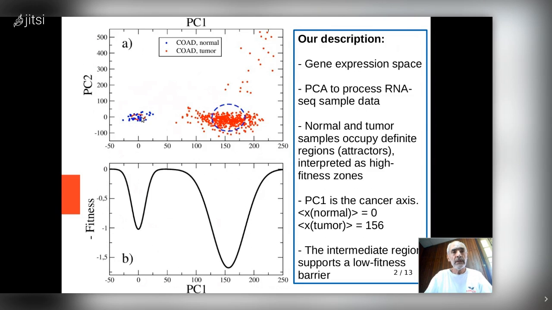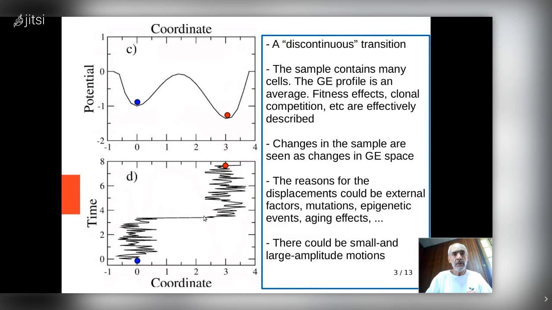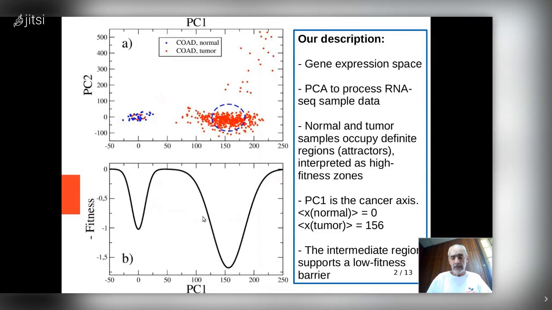And then we can compute the distance between both centers. We can compute the radii of this zone, the root mean square radii. And then, as you may see, the actual jump, the minimal distance that should be covered, is the distance between the border of the normal zone and the border of the tumor zone. Okay, that is the distance minus the two radii.